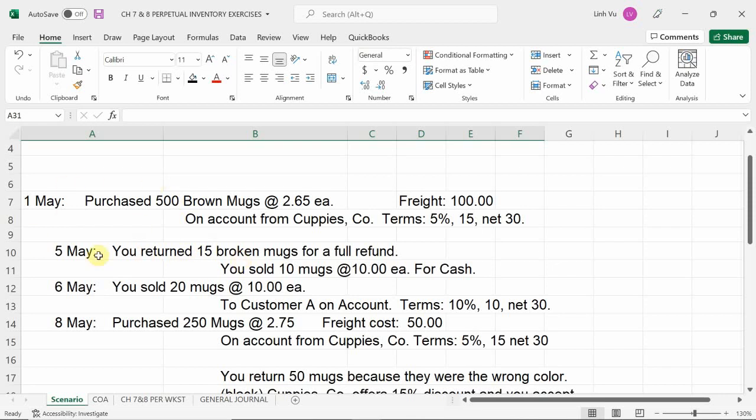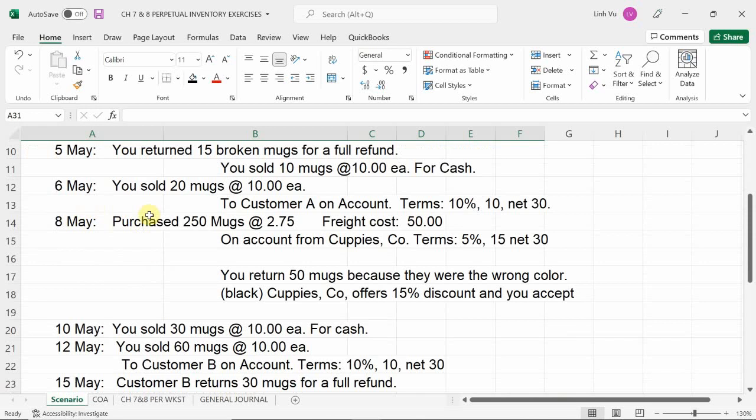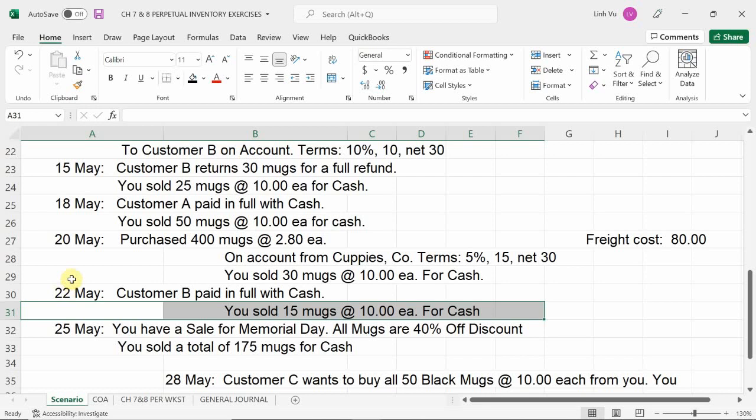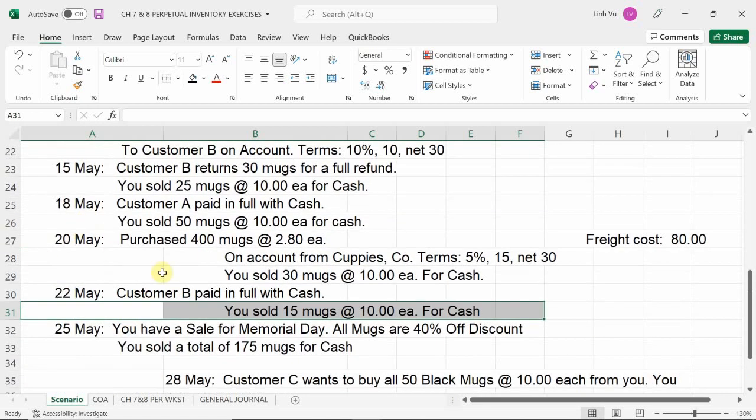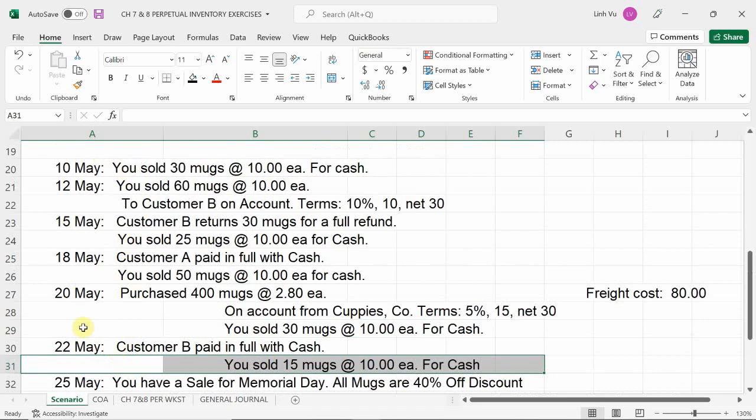My second purchase was on May 8th, of 250 units, but I end up getting an allowance because 50 of those mugs were the wrong color. So I end up getting a discount on those 50 items. And then my last purchase was on the 20th of May, which was the purchase of 400 units, which I didn't make any returns or get any allowances on. So right there gives me my grand total of the 3 purchases that I've made.